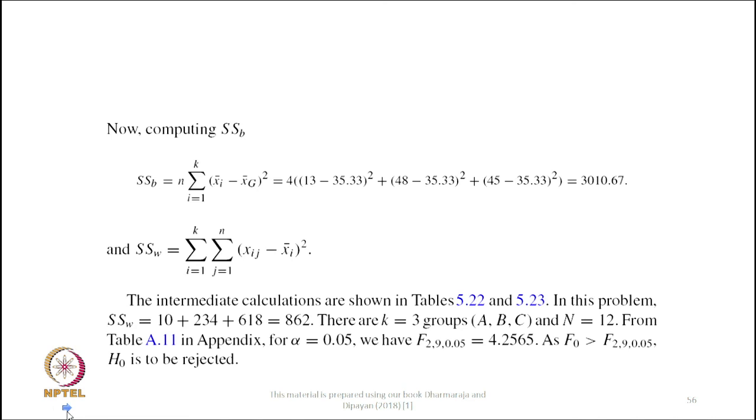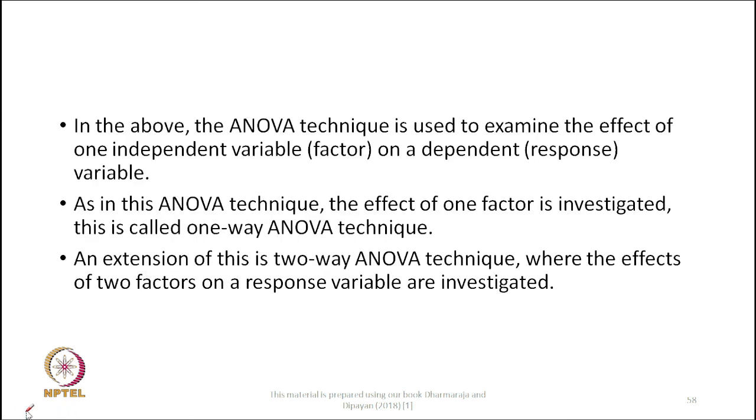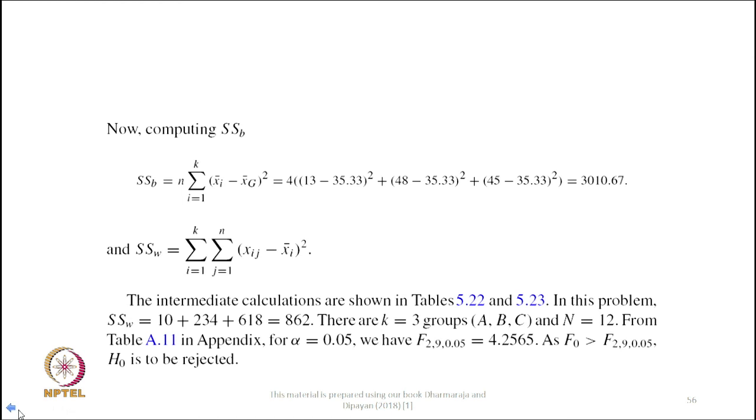All the calculation steps I have given one by one, so you can verify whether you are getting the same results. Using this F naught value, you can conclude the null hypothesis will be rejected.